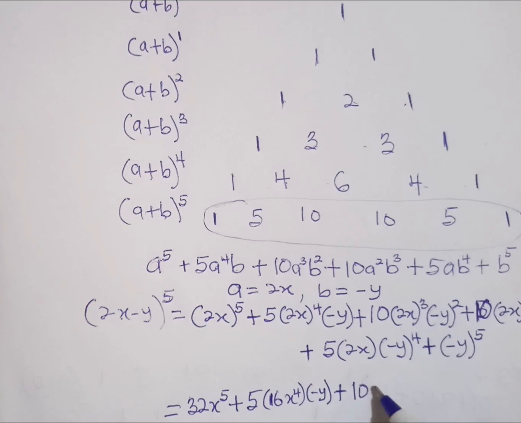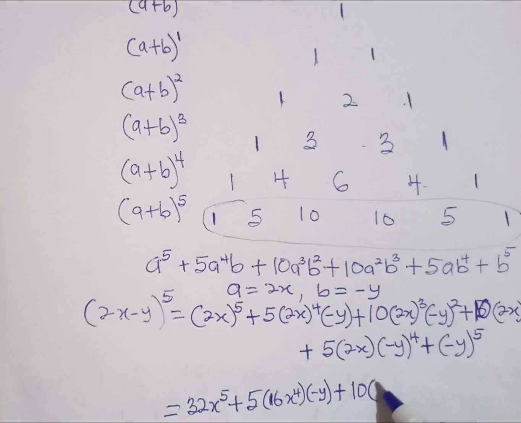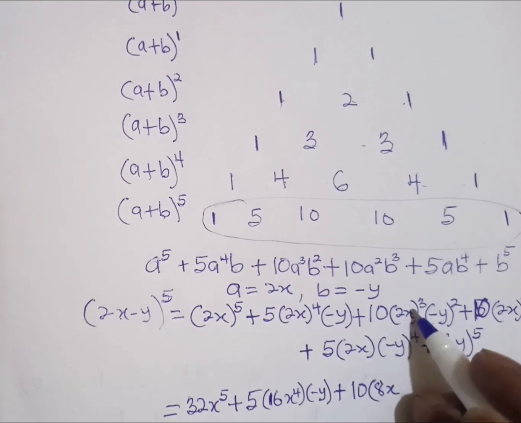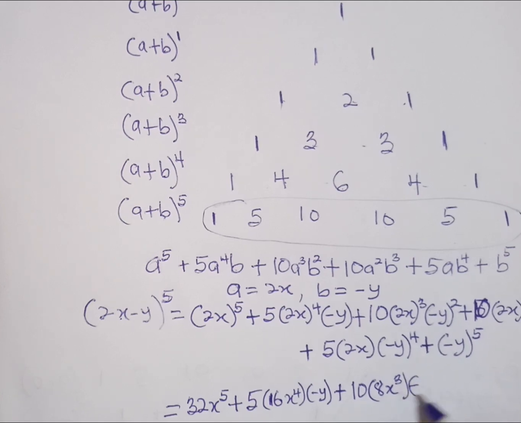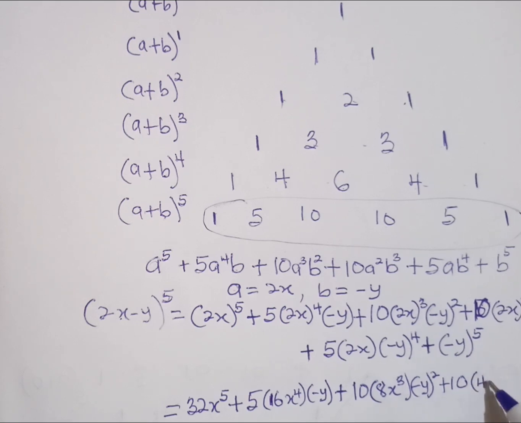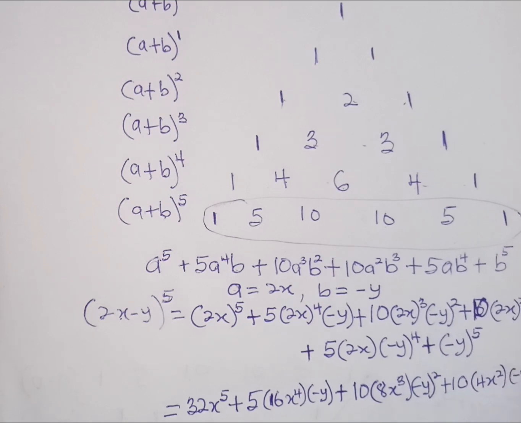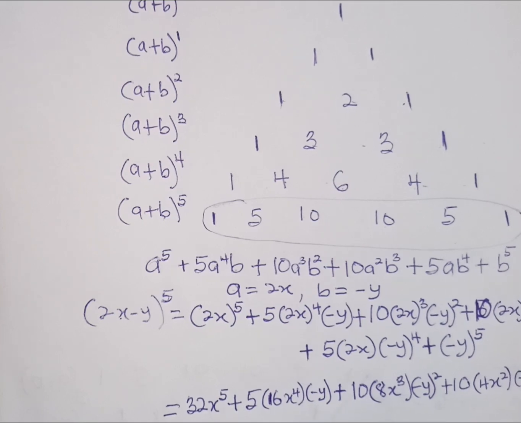So 10, and then we have, so 2 exponent 3 will give us what? 8, and then we have x exponent what? 3, and I have my negative y squared plus my 10. Then we have what? 2 exponent 2 will give me 4x squared. Then I have my negative y cube.